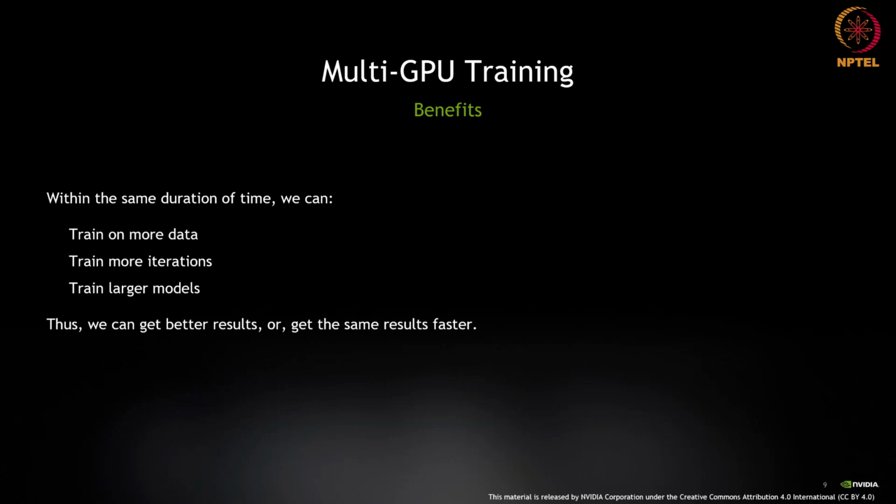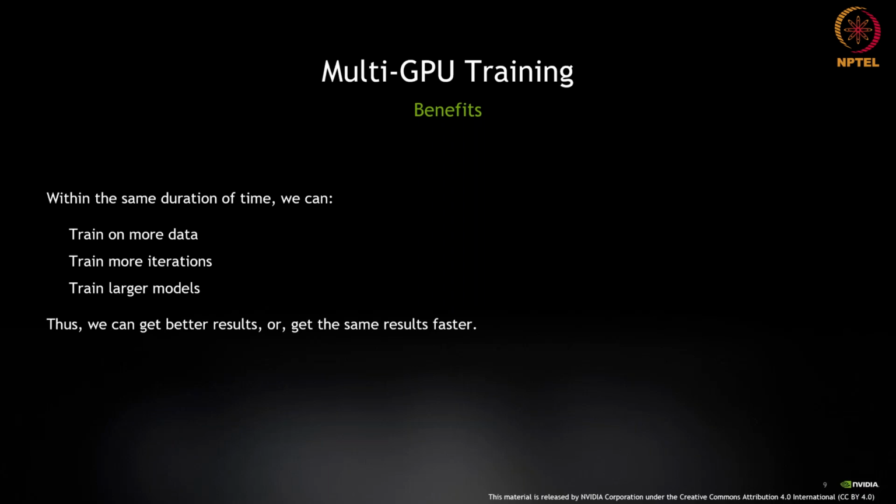I can do more iterations on it to see if it is converging, or I can, in fact, rather than a smaller model, train on a larger model. So we are talking about getting better results, or getting the same results faster. There are two ways of looking at it. One is that I can solve the same problem faster, right?